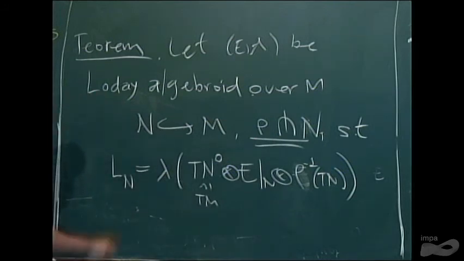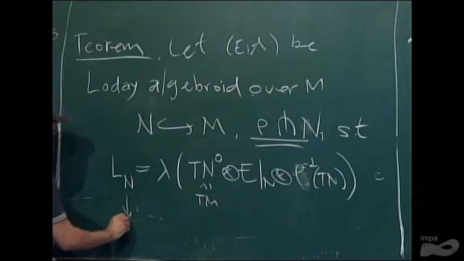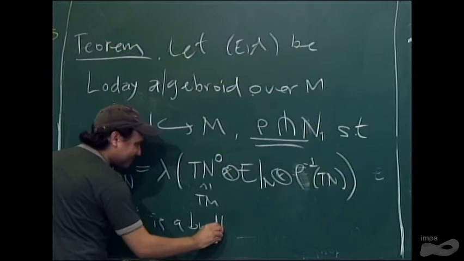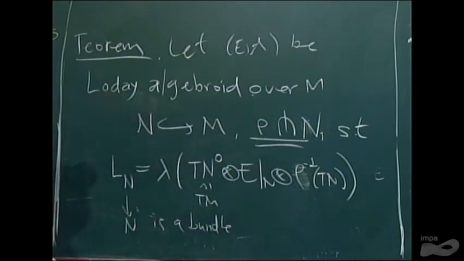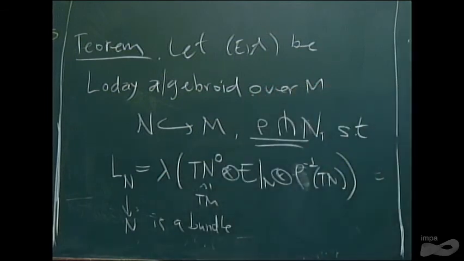So you take a submanifold of M such that this thing is a bundle over N. It might sound strange now, and it is strange, but this is the correct definition such that this theorem works.